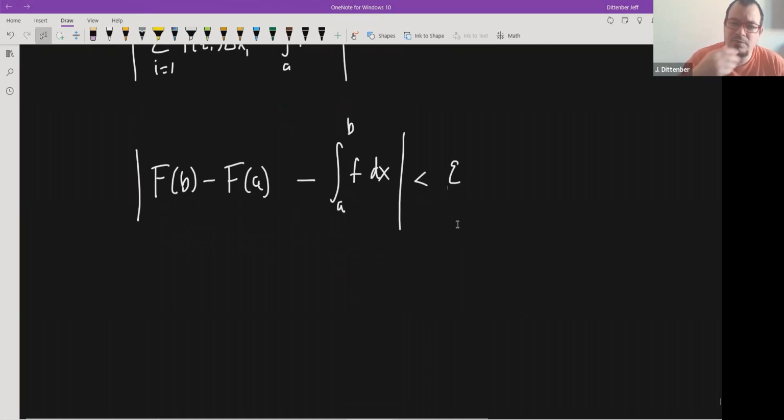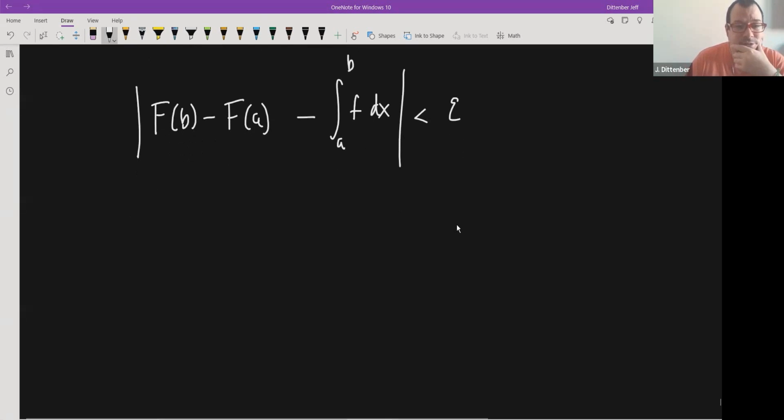And if the difference of two objects is less than some arbitrary epsilon, it means that these two things have to be equal. Okay, so I can write this.